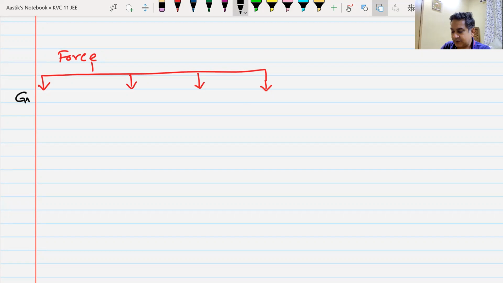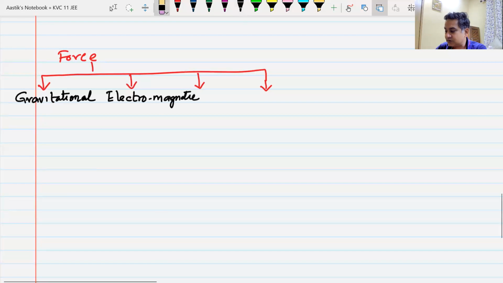The first one that we discovered was gravitational force. Second one. Frictional force? Not a basic force of nature, beta. The second basic force in nature is electromagnetic force.